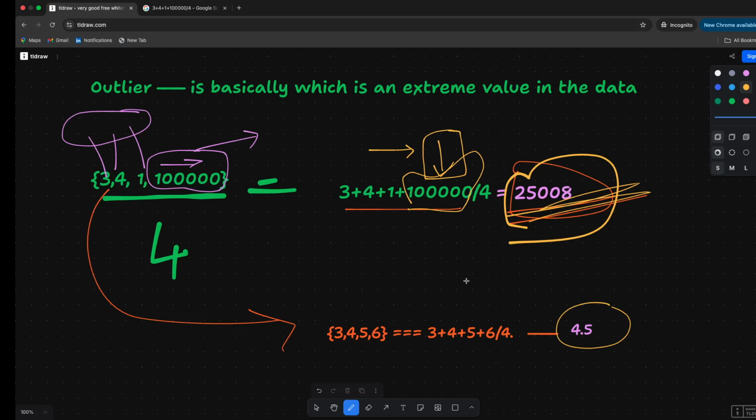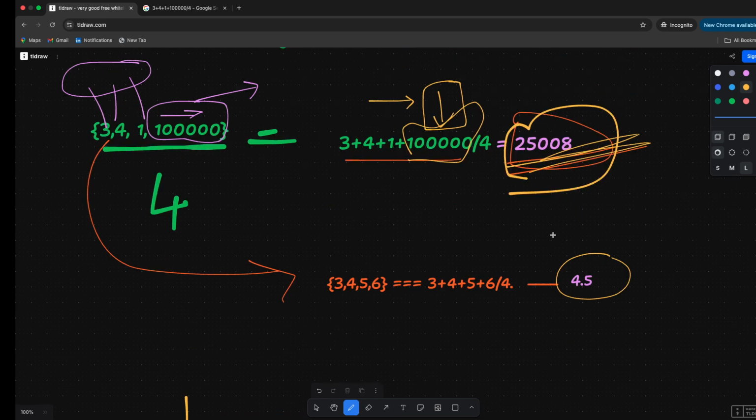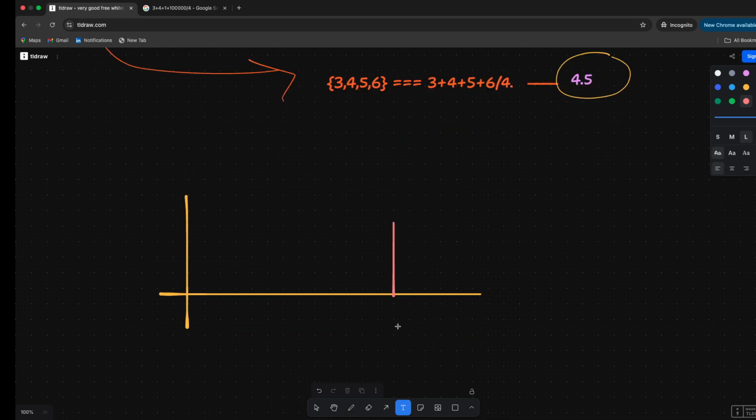So if you create a plot or a distribution, let's have a graph here. If we plot this, its mean or central value is going to be present here, assuming this is 2500.